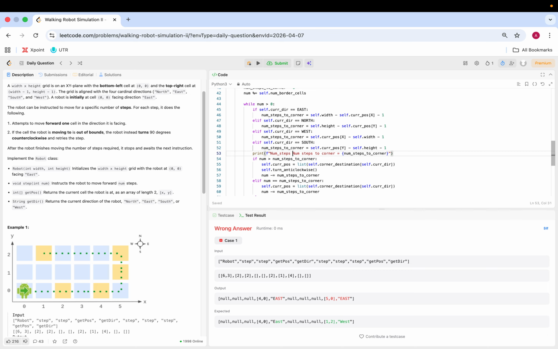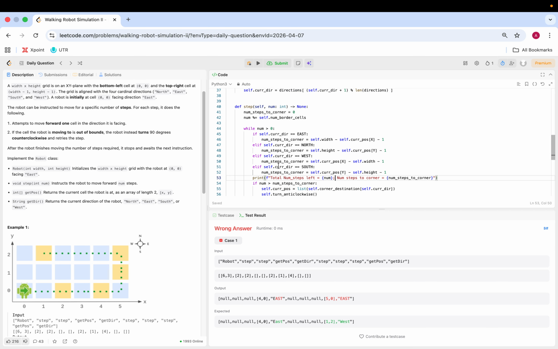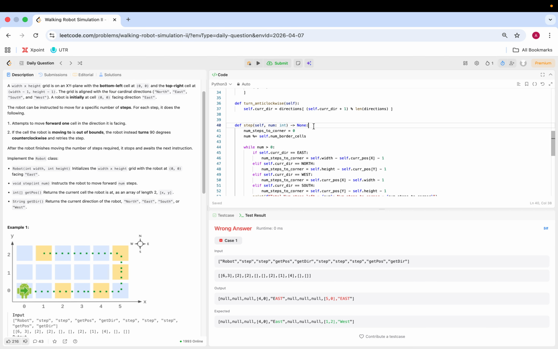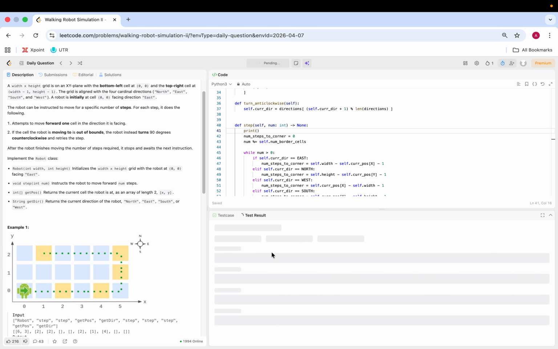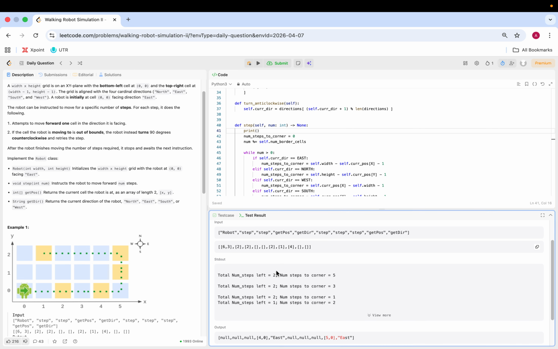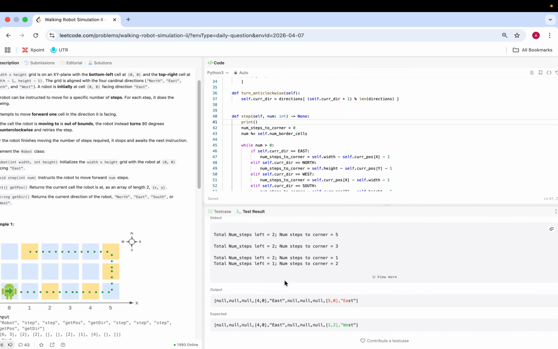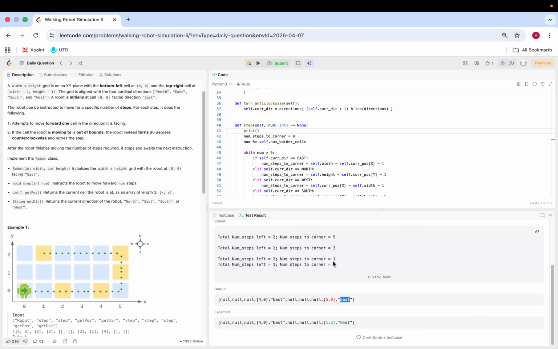Num steps left, like total, is equal to num. Yeah, I'll just put a print at the very start as well, just to keep some white space. Yeah, so like it doesn't run.